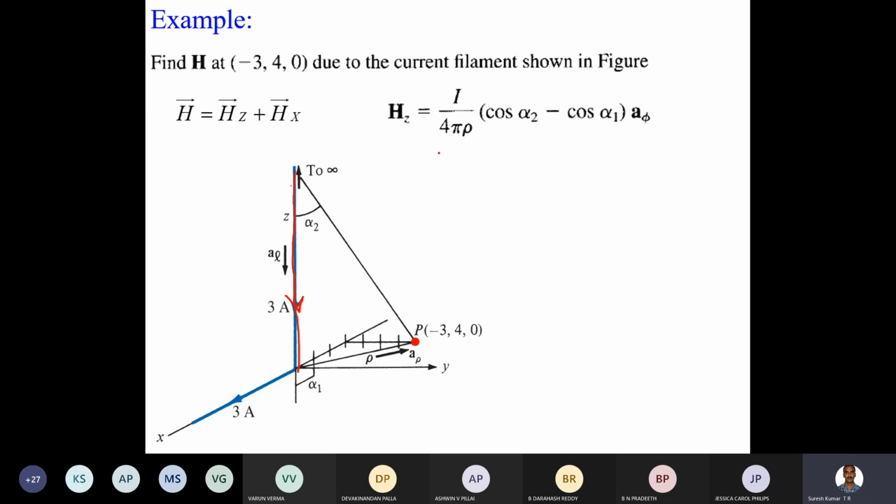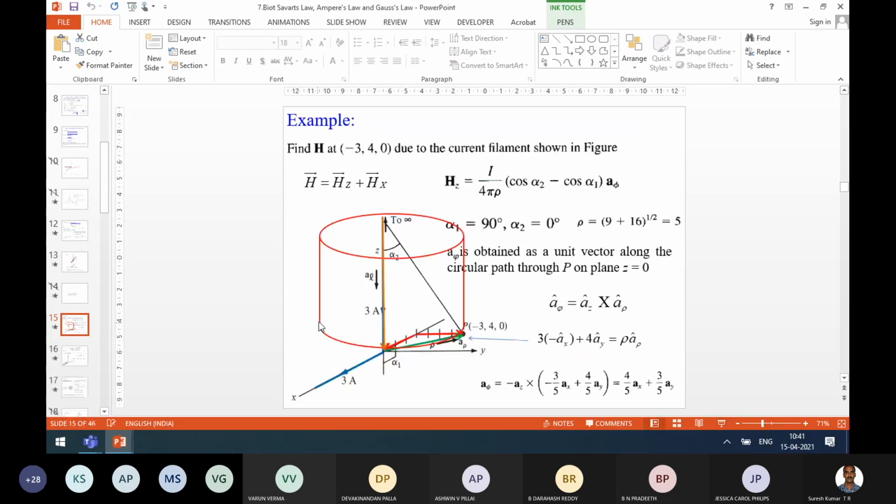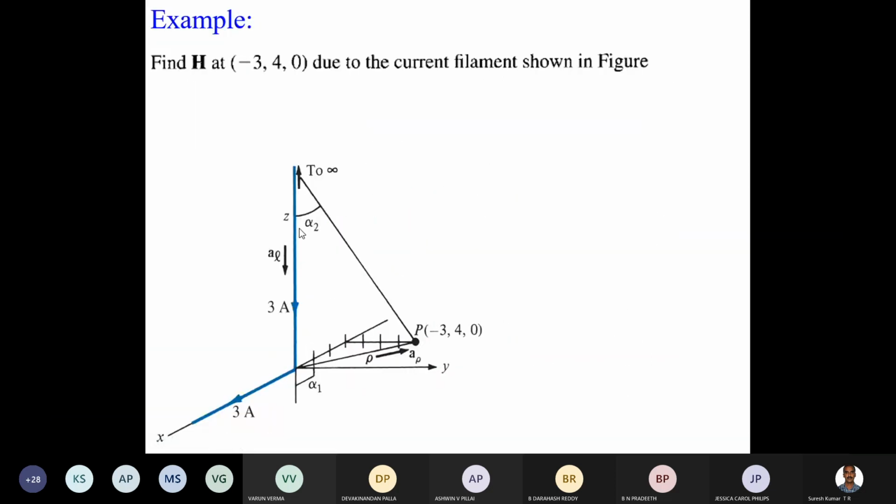Now let us start with rho. What is the radial distance between the vertical element and this red dot, the observation point? See, this is 5, right?